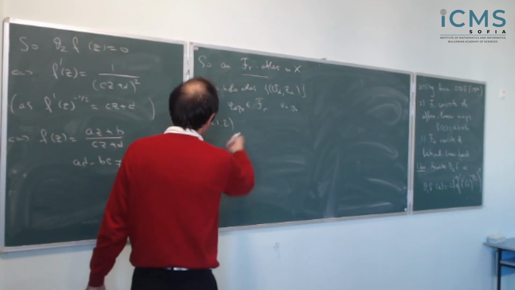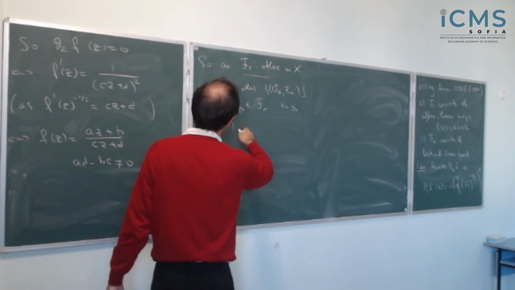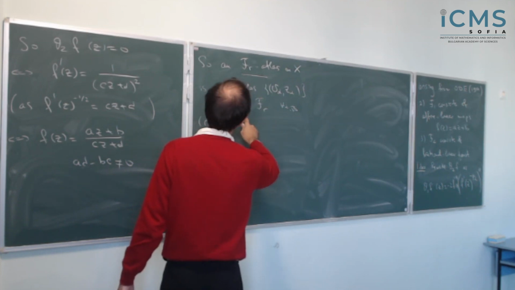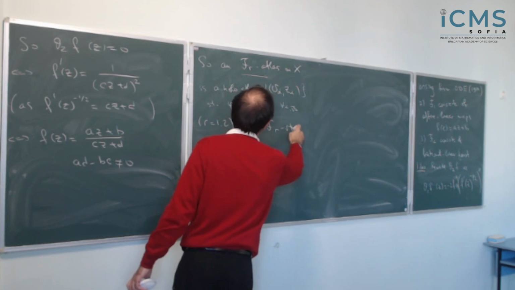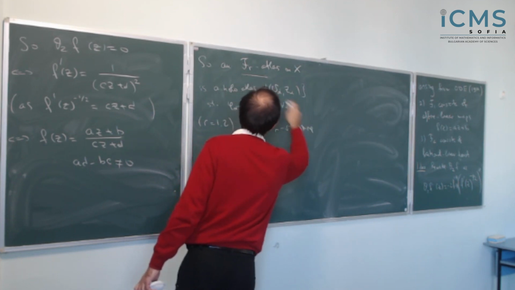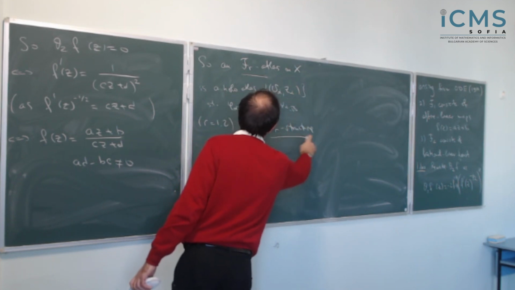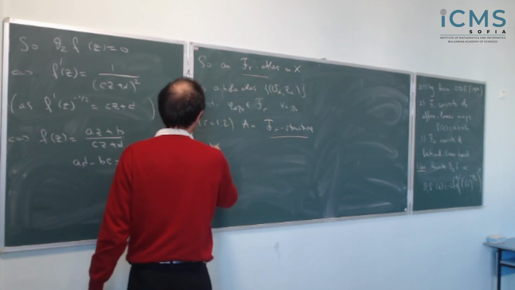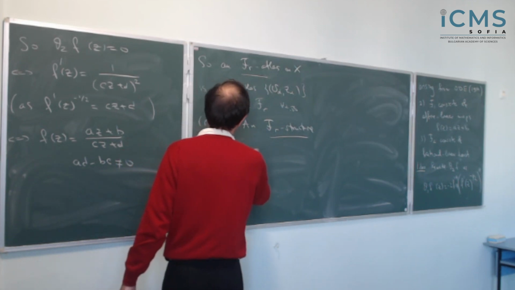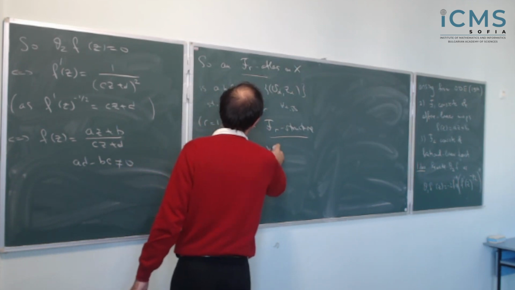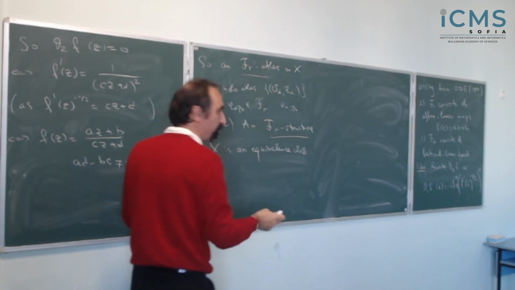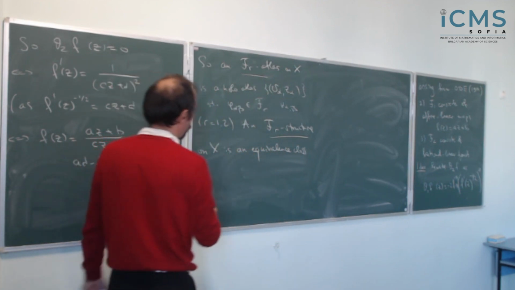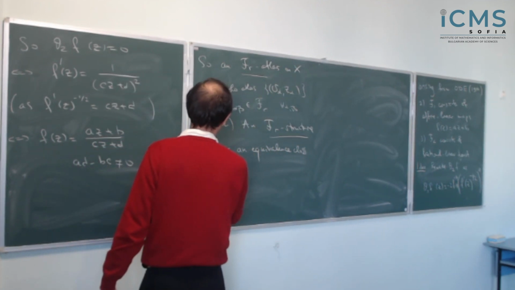And an F_r structure, in other words, projective or affine structure, would be an equivalence class of such atlases. Again, the equivalence is the union of the atlases within such an atlas.